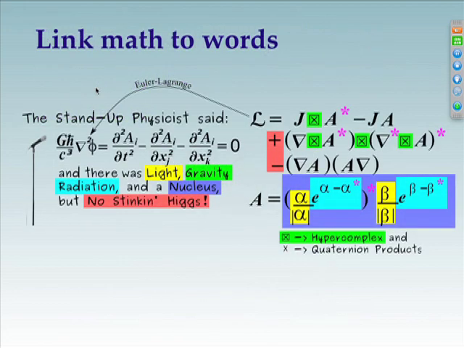Okay, so now we look at the linking of the math to the words, and we've got Euler-Lagrange somehow getting us from what's written on the back of the T-shirt to the front of the T-shirt. I do have these little index cards that I'm trying to give away, because if you do happen to wear the shirt, it might be a little frustrating.